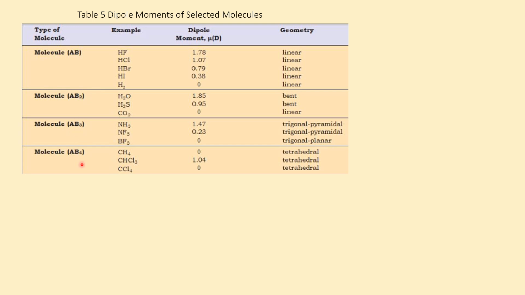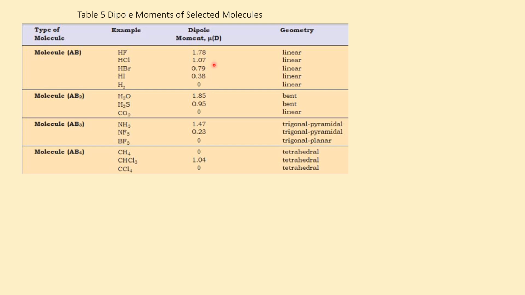Some examples of AB molecules are HF, HCl, HBr, HI and H2. The dipole moment in debye for HF is 1.78, for HCl is 1.07, for HBr is 0.79 and so on.